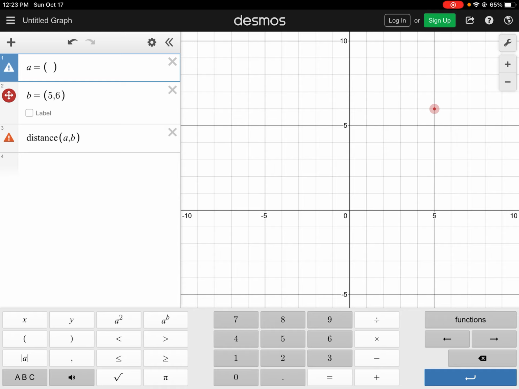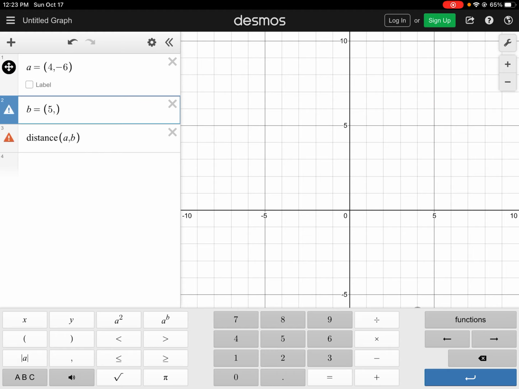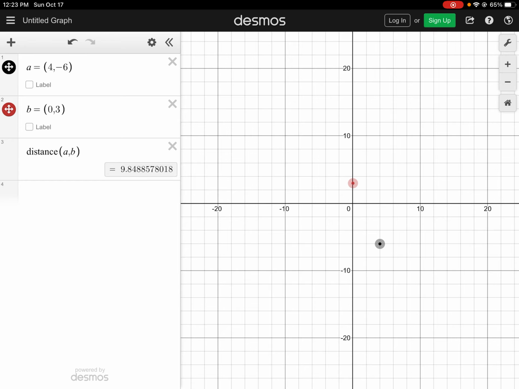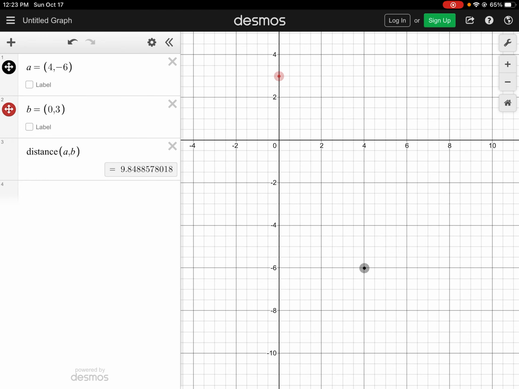So I'm going to type in 4, negative 6, and my second point is 0, 3. And here you don't necessarily need to see your 2 points to get a visual, but I like to make sure that they look like they're both on my graph. So I'm going to zoom out a little to find the other one. So there's the other one.